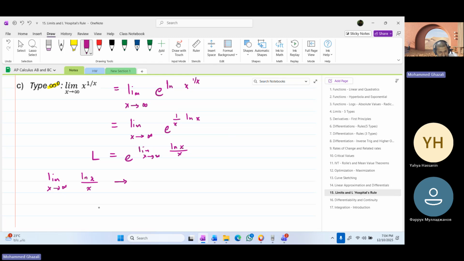What is this? Is this infinity over infinity? Ln of infinity, yeah. So we're getting infinity over infinity. So d/dx, d/dx, okay? So let's add the d/dx. You shouldn't be adding the d/dx here. You should add it in the next step, right?